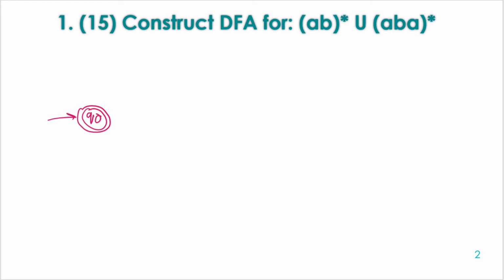Now we have to check for the common patterns. Why am I taking this example? Because this pattern is somewhat special: the first two symbols of both patterns form a common substring. If we have a common substring, then we have to mark a common path up to the common substring.